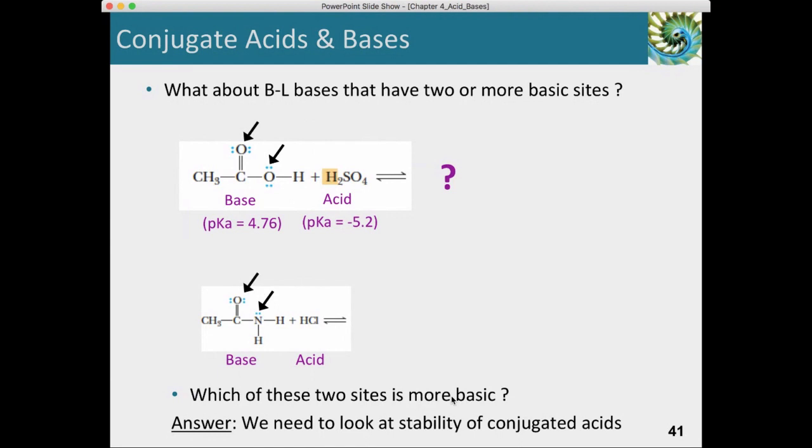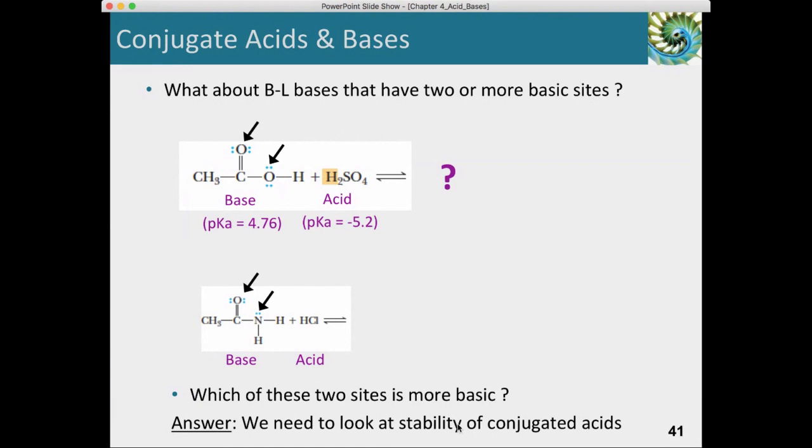Remember, when we have to classify molecules in terms of acidity, the more acidic is the one with the more stable conjugate base. Here it is the opposite reasoning. We need to determine within the same molecule which of these two sites is the more basic, the one leading to the more stable conjugate acid.